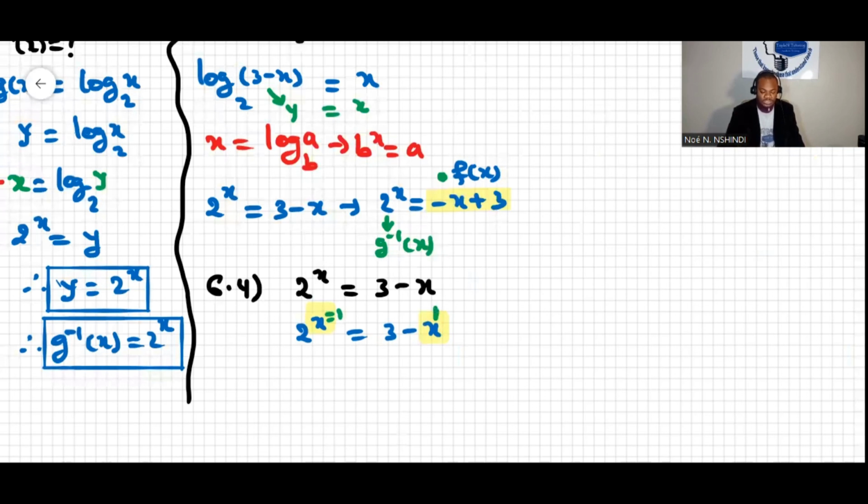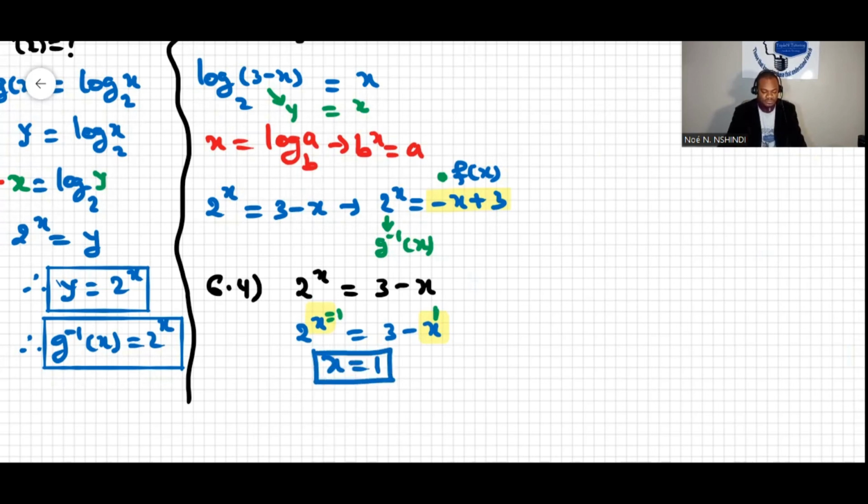So this is the only possibility. It's just a 1 mark question, so the calculation is not really involved. You just look at the question and see that x must be equal to 1.